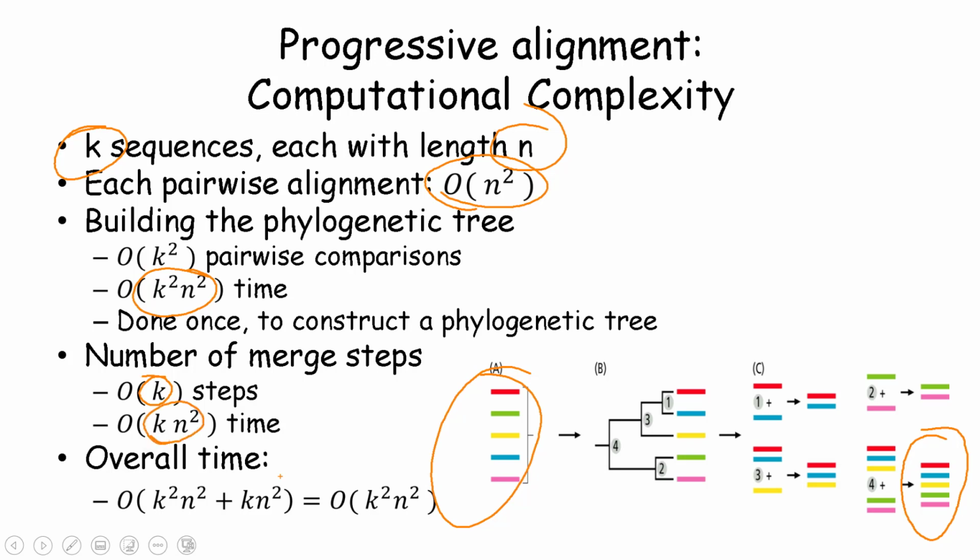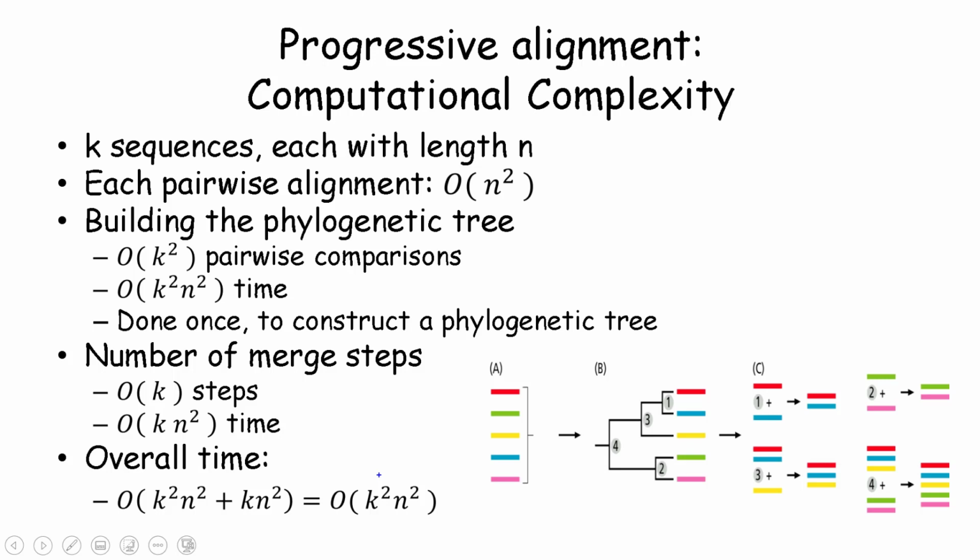The overall time complexity of the progressive alignment algorithm is then k square n square for the phylogenetic tree construction and k n square for the merge operations. The term k square n square will dominate the time complexity, so we can just drop the k n square term, which gives us k square n square as the overall time complexity of the progressive multiple alignment algorithm.